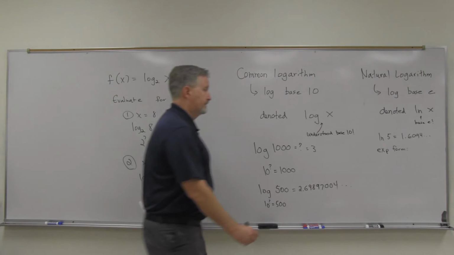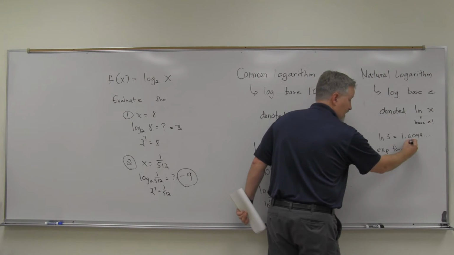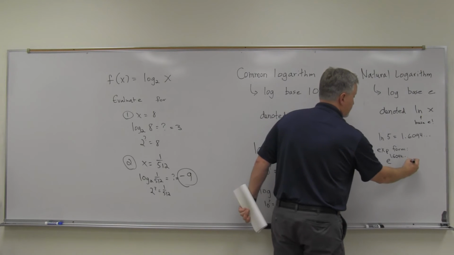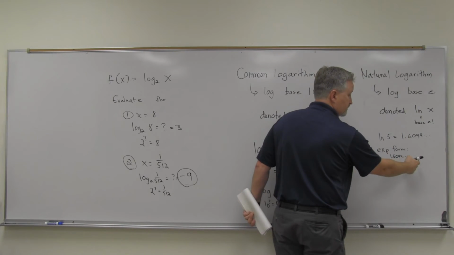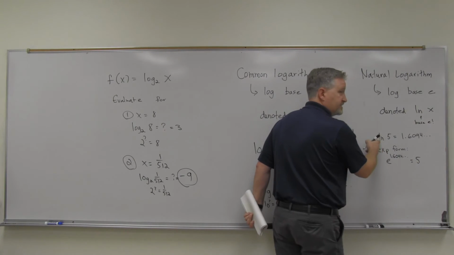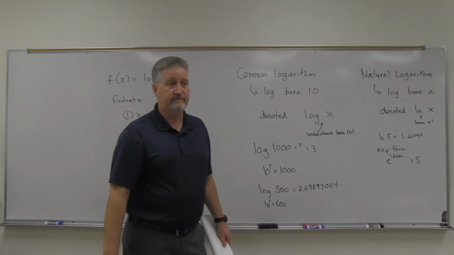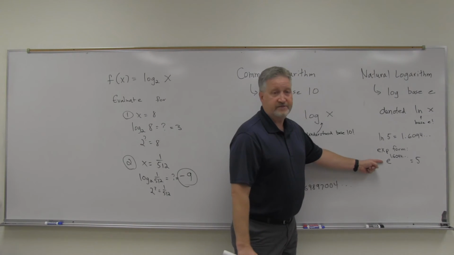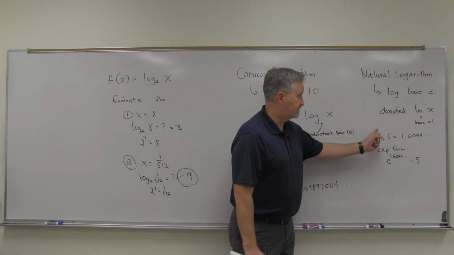E to the power of 1.6094... equals 5, right? a to the y equals x. The base here, the a, is not written, but it's understood that it's base E. So if you convert it to exponential form, the base here is E. That's the a. That's what you have to understand there.